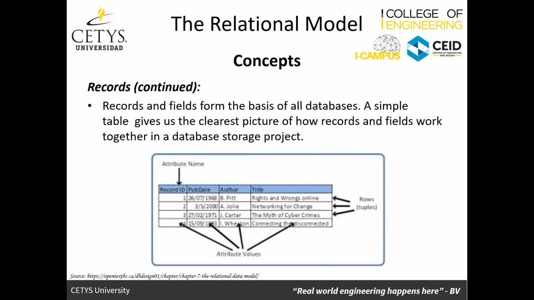In this structure we have the attributes, which are the record ID, publication date, author, and title. This example that we're given, what do you think it has to do with? We don't know about this system, but just looking at what we have there, what does this data represent?